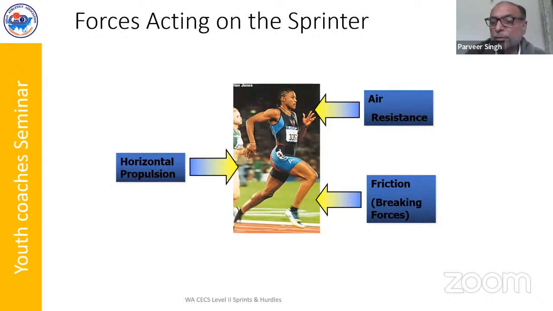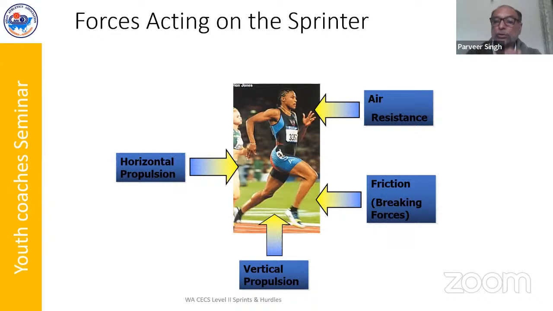Then horizontal propulsion, that is the third law of Newton, action and reaction. So the athlete is applying force against the ground, and in reaction it is getting propulsion from the ground, and by that force the sprinter is moving forward. Then vertical propulsion also.